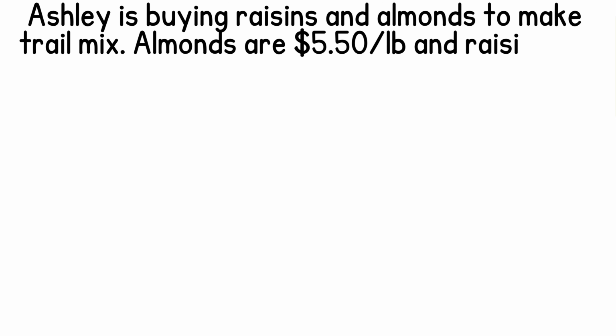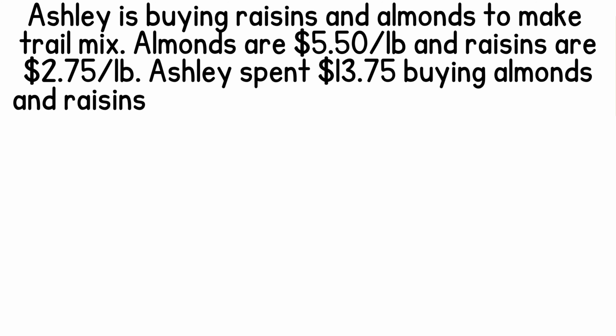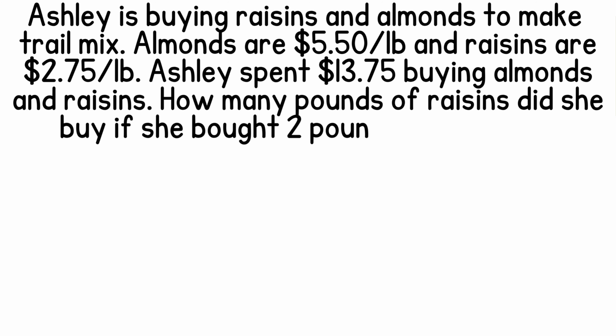Ashley is buying raisins and almonds to make trail mix. Almonds are $5.50 a pound, and raisins are $2.75 a pound. Ashley spent $13.75 buying almonds and raisins. How many pounds of raisins did she buy if she bought 2 pounds of almonds? Let's start by making an equation for this situation. We know that almonds are $5.50 a pound.